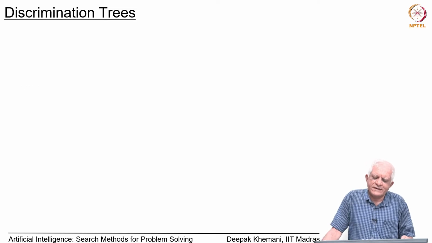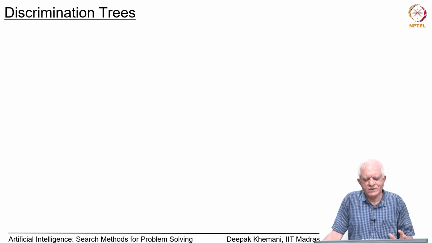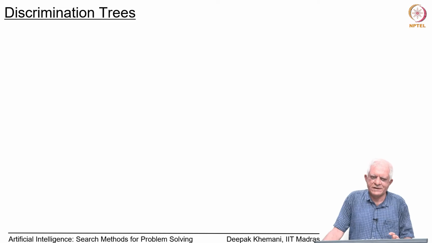The basic idea that we want to start with is a general concept used a lot in computer science. These are discrimination trees, and the idea of discrimination trees is to organize data in such a way that finding specific pieces of data becomes faster essentially.